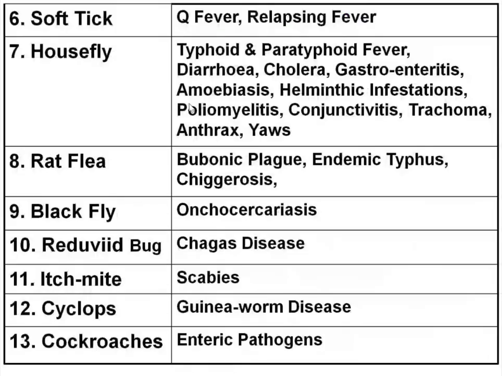So next, some more diseases. The diseases transmitted by soft tick are Q fever and relapsing fever. Coming to the housefly, it also transmits many different diseases like typhoid, paratyphoid fevers, diarrhea, cholera, gastroenteritis, amoebiasis, helminthic infections, poliomyelitis, conjunctivitis, trachoma, anthrax, and yaws.